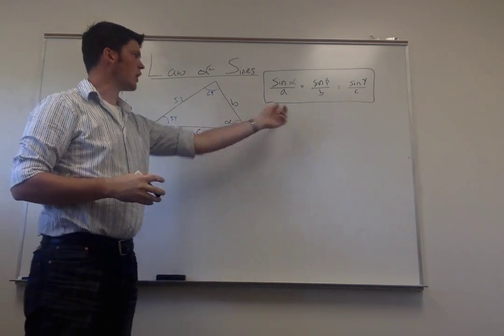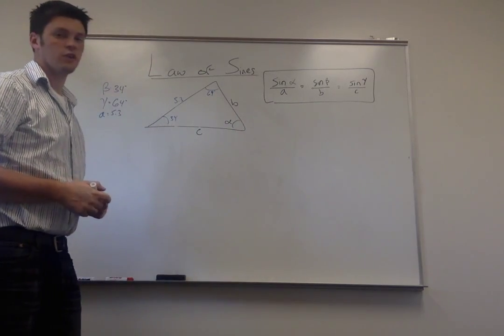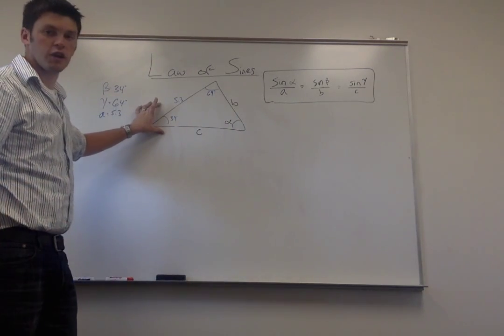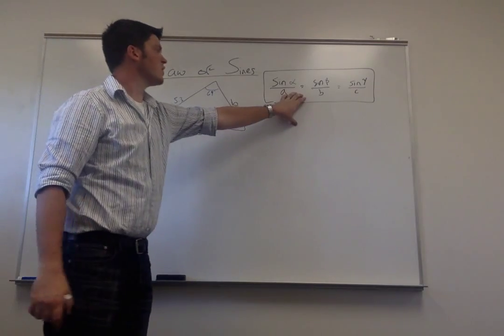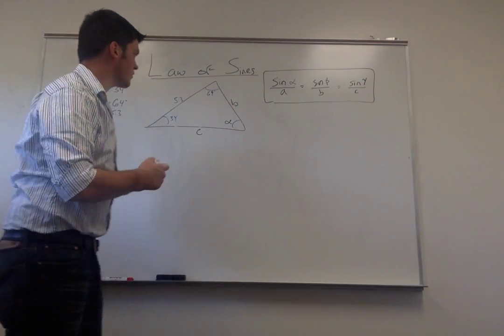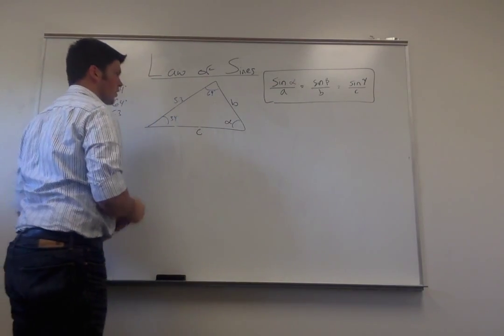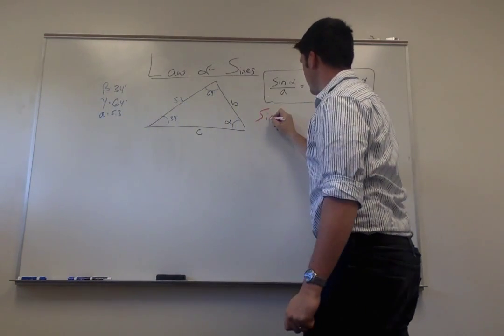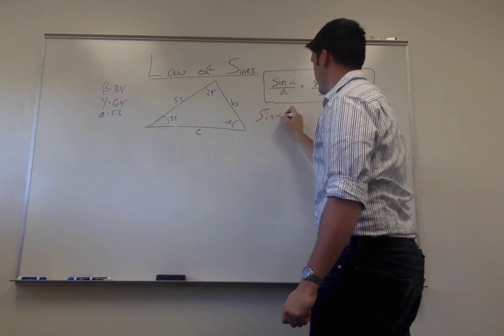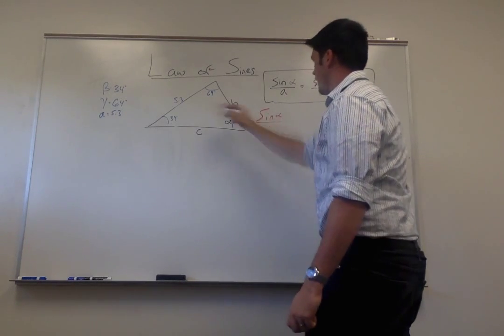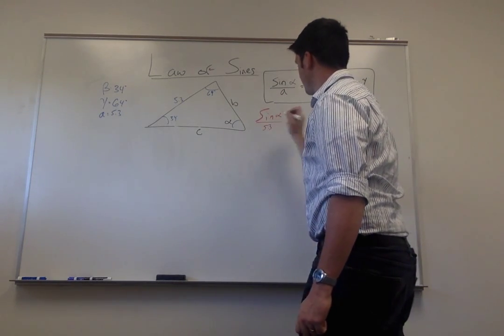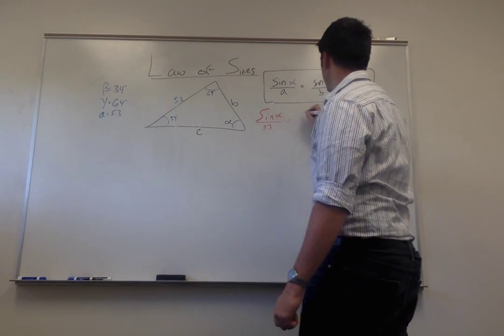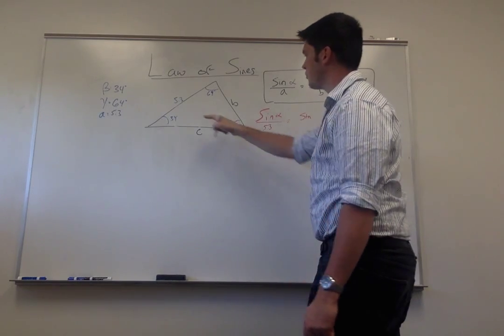So we're going to use the law of sines to help solve for these. So we're going to take this information from our triangle that we know already, and put it into these law of sines equations. Right? And so we're going to end up with the sine of alpha, we don't know what alpha is yet, so it stays there, over A, which is 5.3, and that is equal to the sine of angle beta.